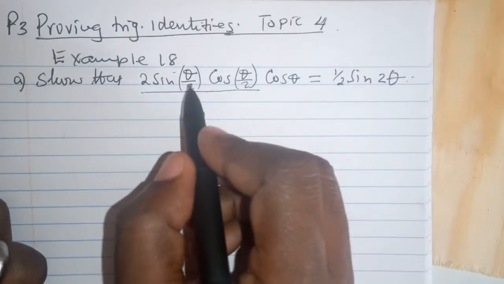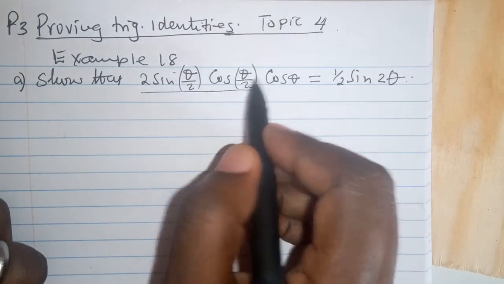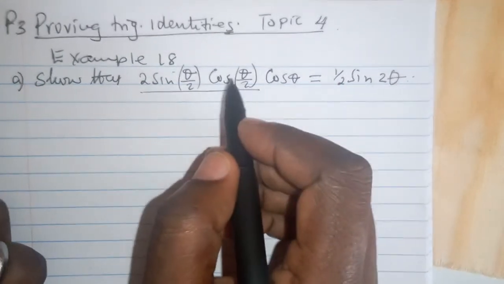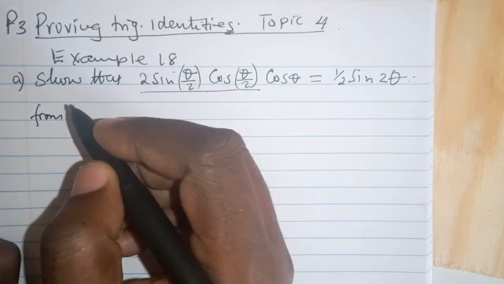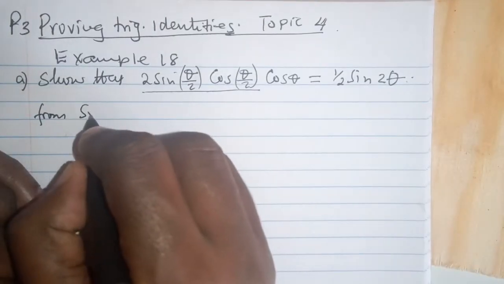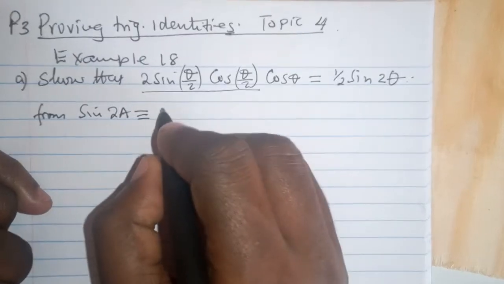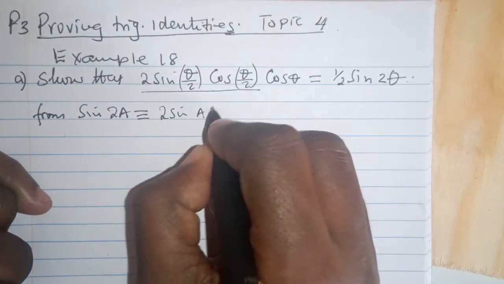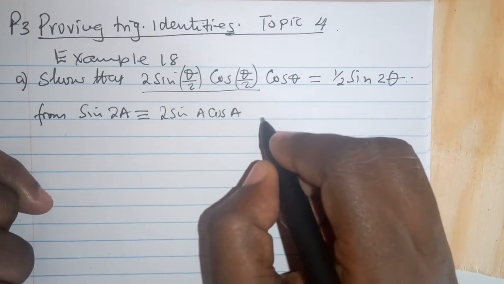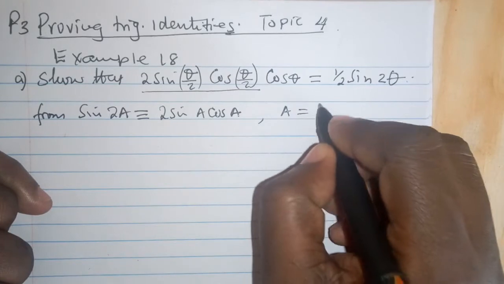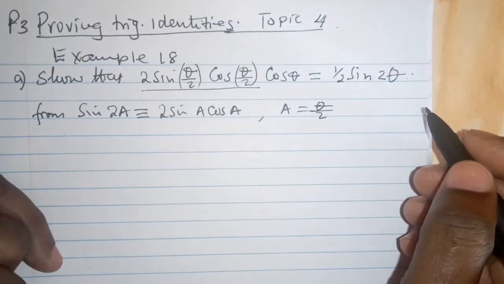Let's say this is A. 2 sine A cos A, we have known this to be deduced from sine 2A, which is equal to 2 sine A cos A. Of course, in this case, our A is theta over 2.